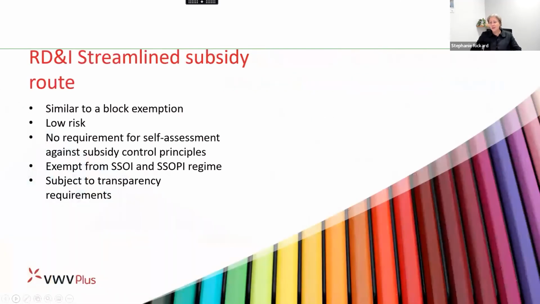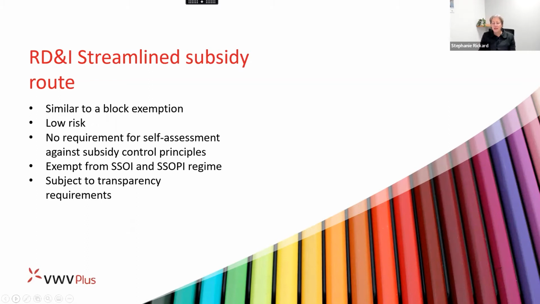Now, the streamlined subsidy route is familiar in concept, at least, to the old block exemption under the state aid rules. It's low risk in that, provided you comply with the conditions set out in the streamlined route, then the subsidy is deemed to be permitted.